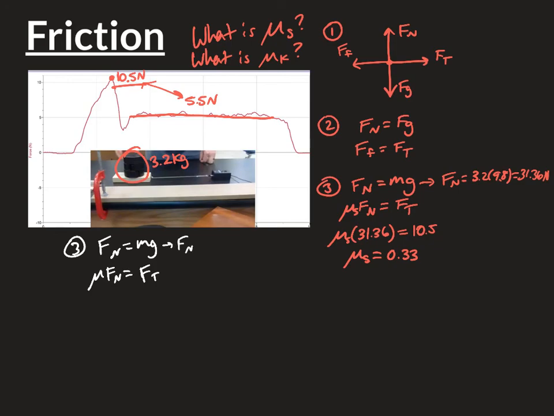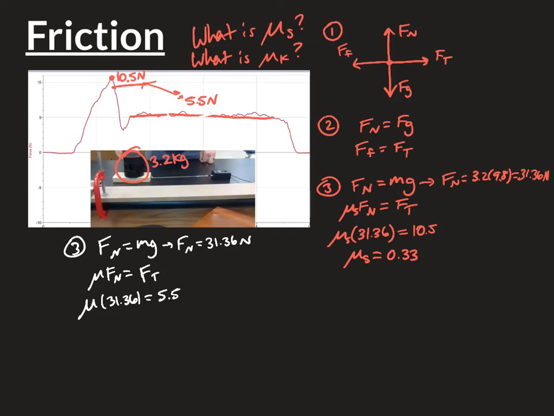I didn't change anything about the mass, so the normal force is still 31.36 newtons. So I'll plug that in for normal force. But now with kinetic, the force of friction, which is the tension force, changes to be 5.5 newtons.